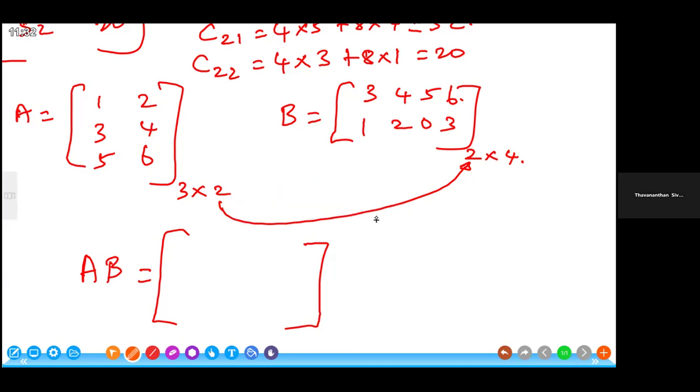Anybody who got the answer? You can tell row-wise the answers.